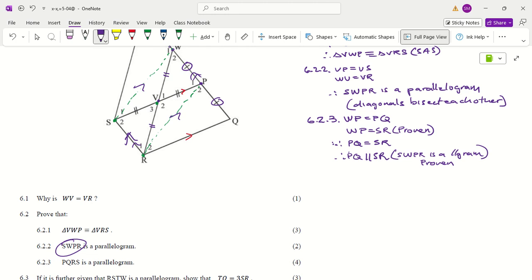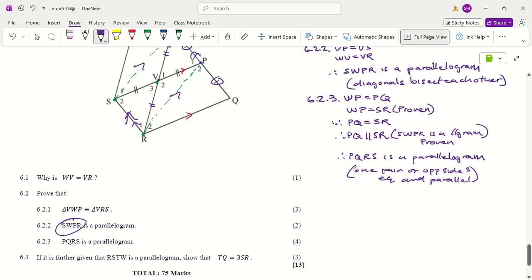Then now we can say that PQRS is a parallelogram because we have one pair of opposite sides being equal and parallel.